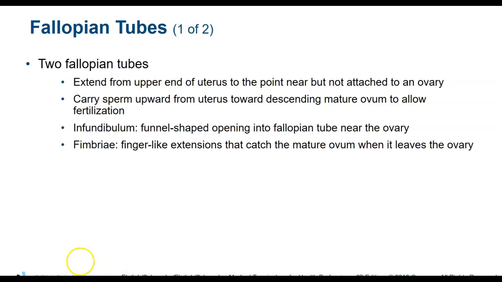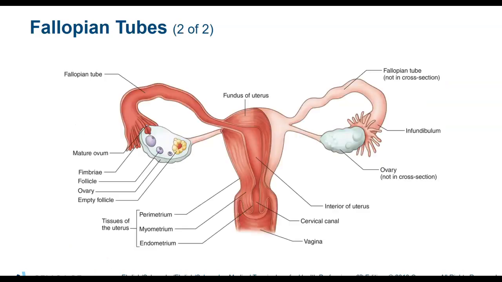So as we can see in this picture, these are the fimbriae right here. You can see what happens is the ovaries are here. There's a little bit of space here between those two. The ovum leaves and travels up through the fallopian tube, down.